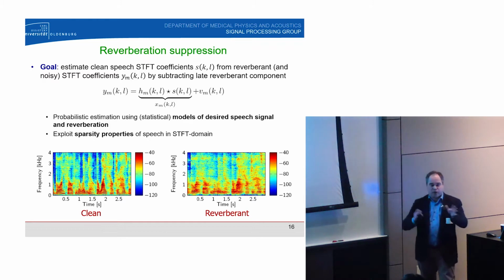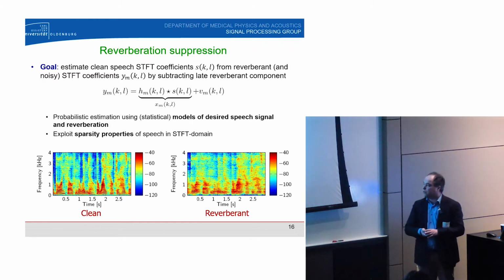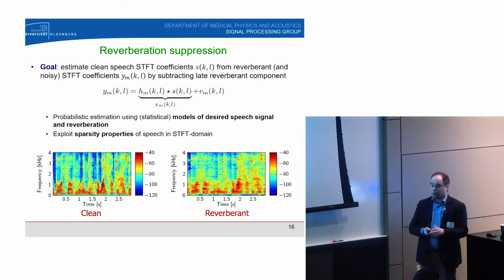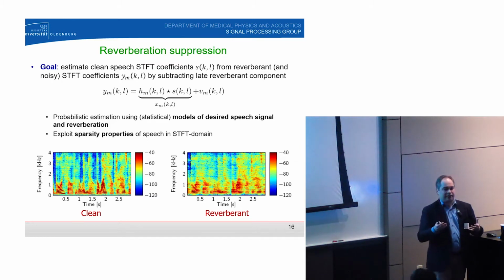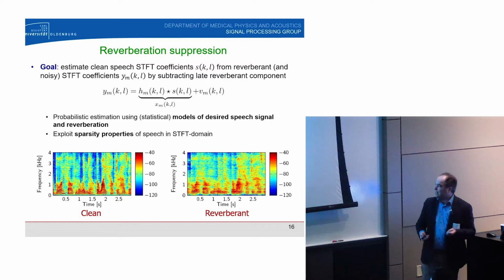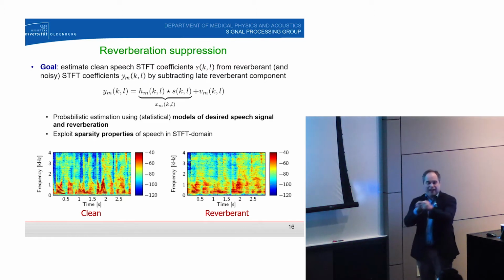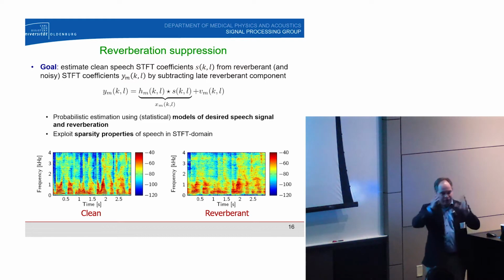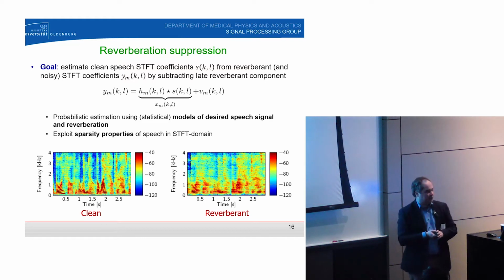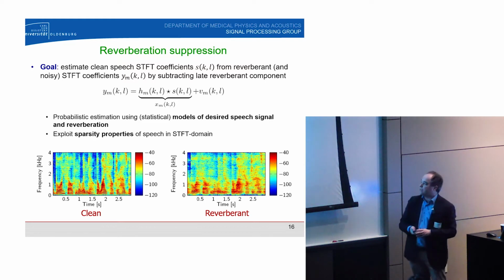And as I will show later on, it really uses some of the sparsity properties in the STFT domain. Many people will know this technique as multi-channel linear prediction or weighted prediction error. It will try to estimate the clean speech signal as sparse as possible under a model of this late reverberation, under a model of the acoustics.